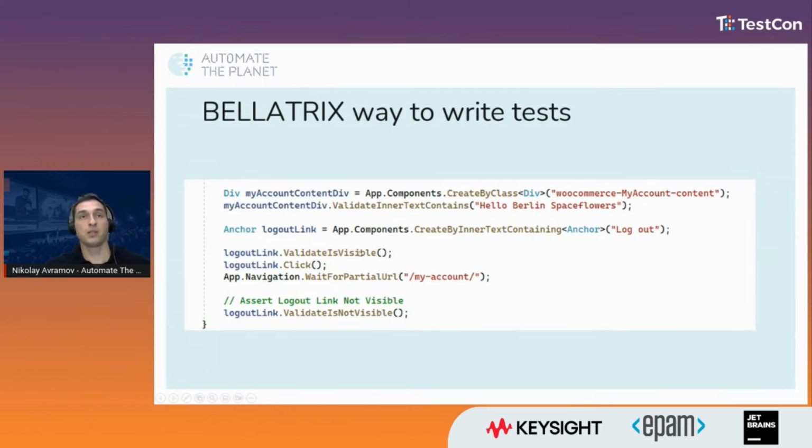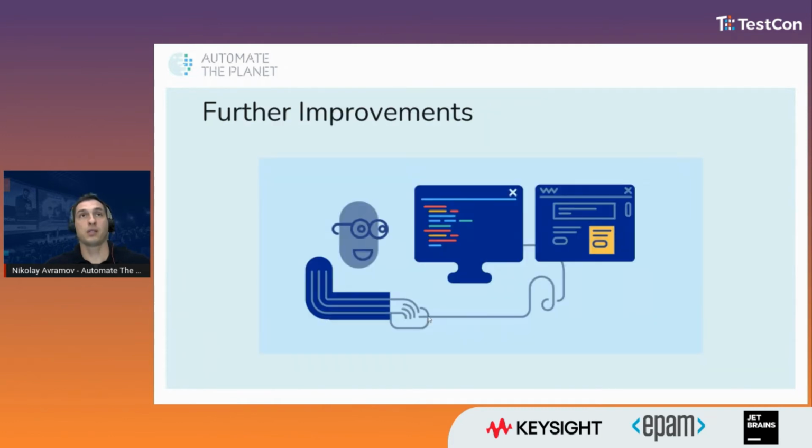Or we can validate something is visible. Or like in our case, we needed to validate something is not visible. All of these methods are available and you can just start using them, or you can override them and somehow modify their work.